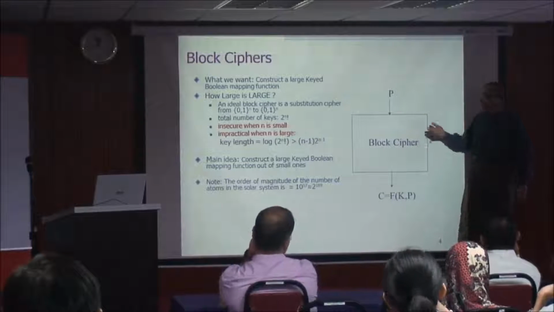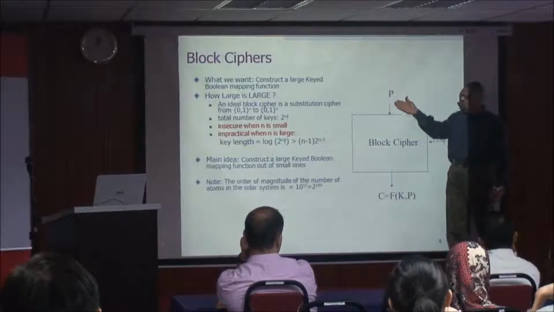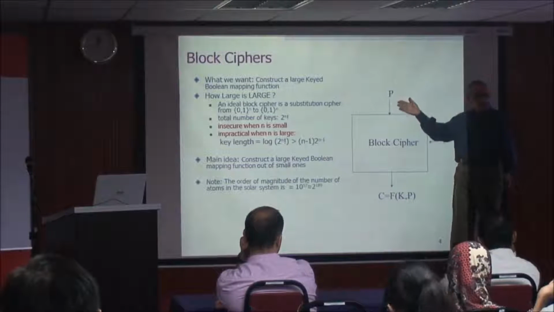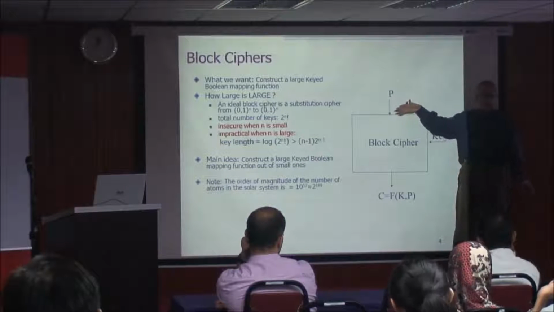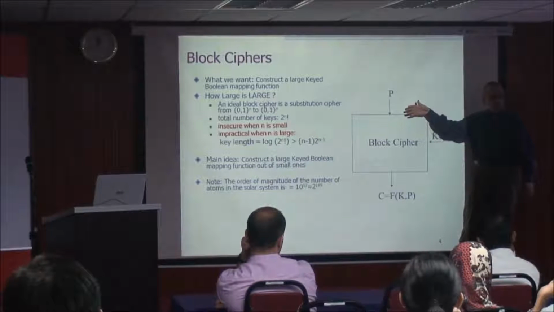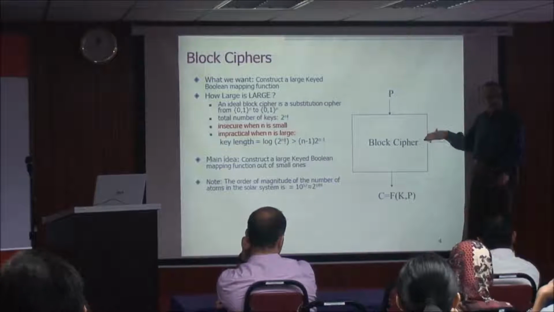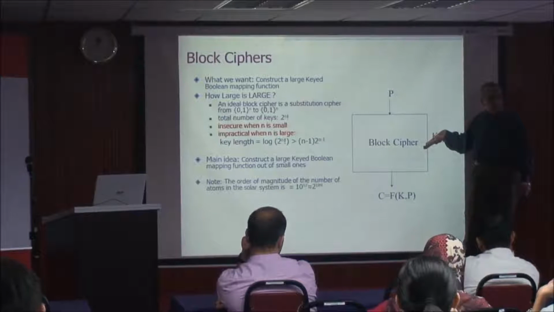Typical length for the block sizes would be between 64 bits to 128 bits, or even some ciphers now have 256 bits. And typical length for the key would be around 128 bits up to maybe 256 bits.